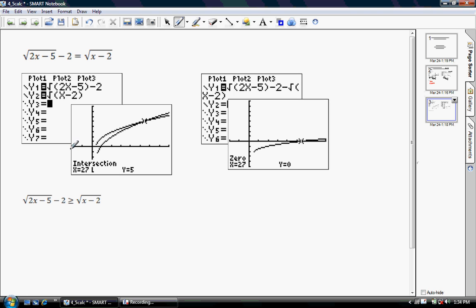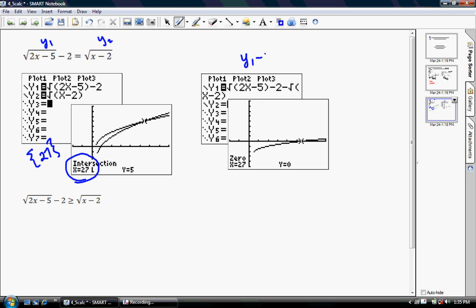If I graph this, looking at y1 on the left and y2 on the right side of 0, using the intersection of graphs, I entered y1 and y2, graphed, then did second trace 5, first curve, second curve, guess, and I found my point of intersection to be at 27, 5, which the x value is my solution that I need.